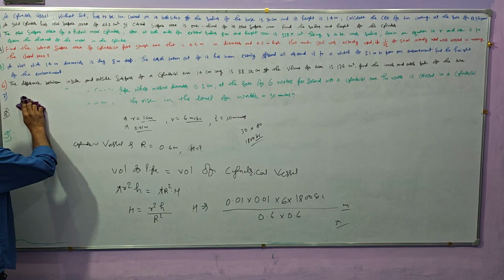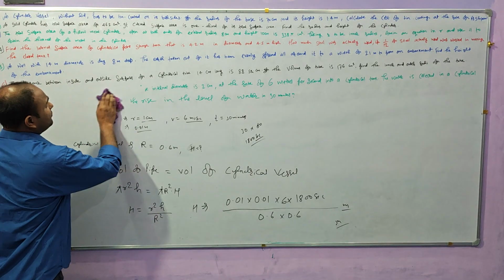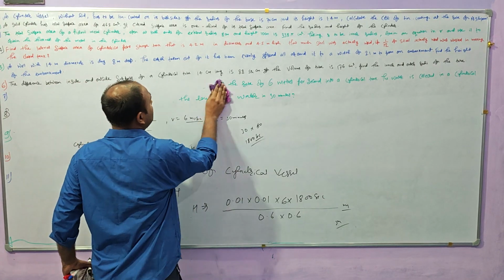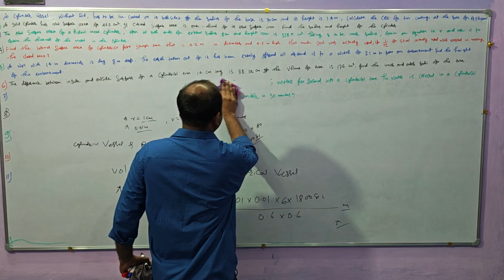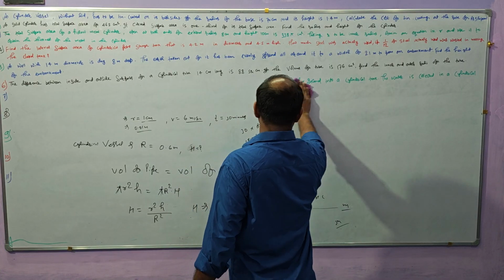Now, the difference between the inside and outside surface of a cylindrical tube 14 centimeter long is 88 square centimeter.